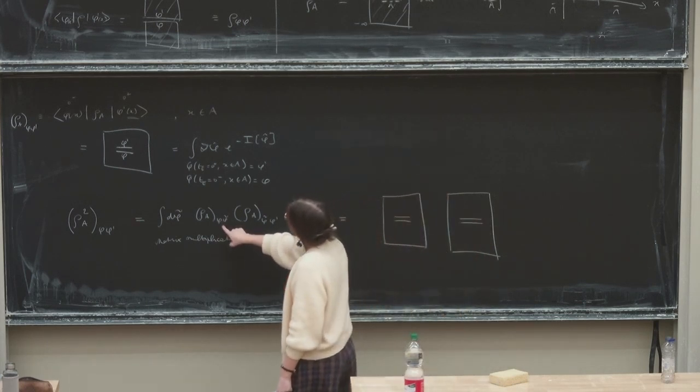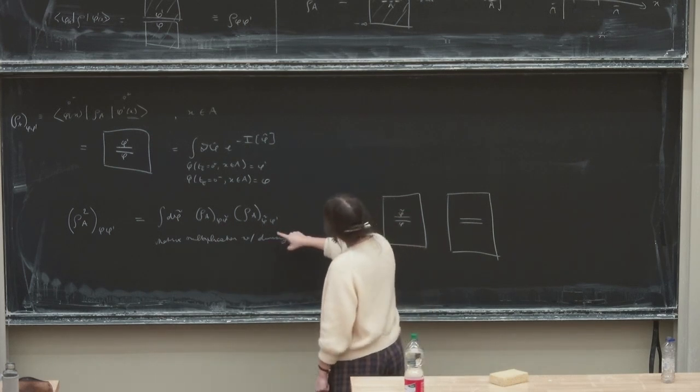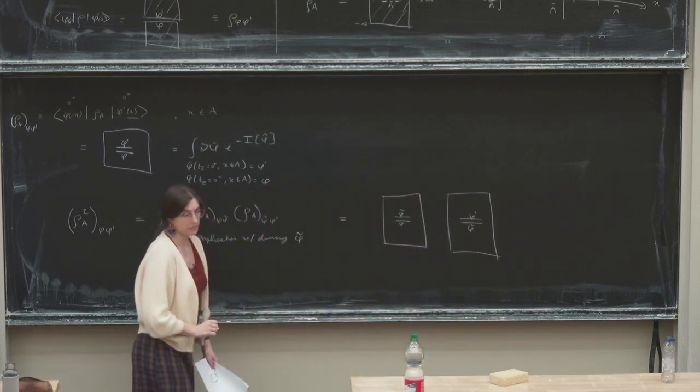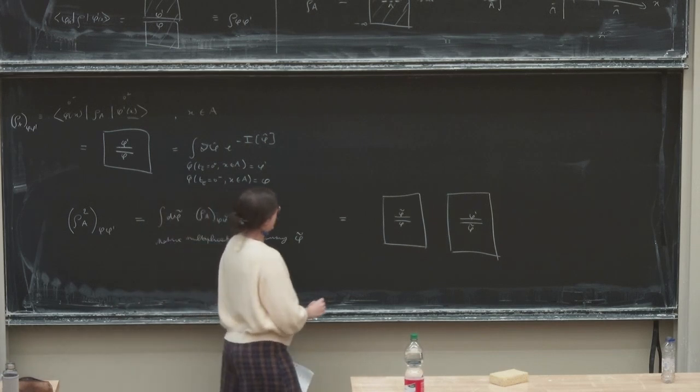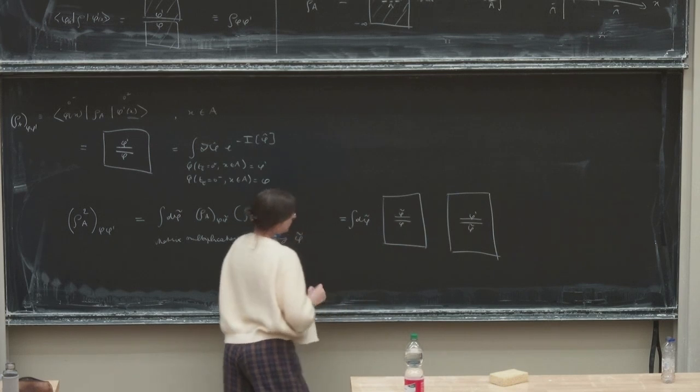Here I have the phi tilde element. Here I have the phi tilde phi prime element. Okay. And now I need to integrate over the dummy phi tilde.